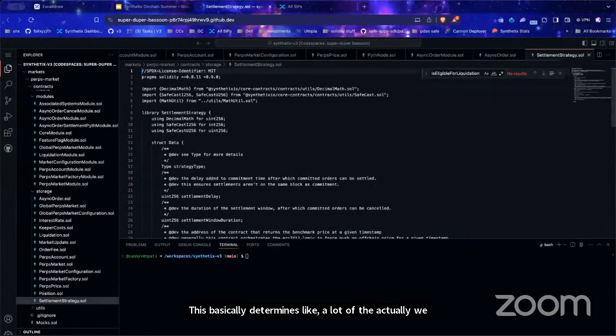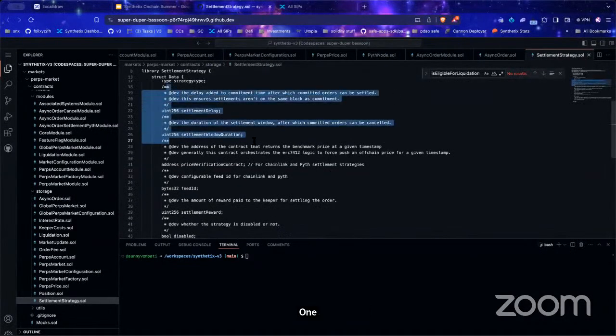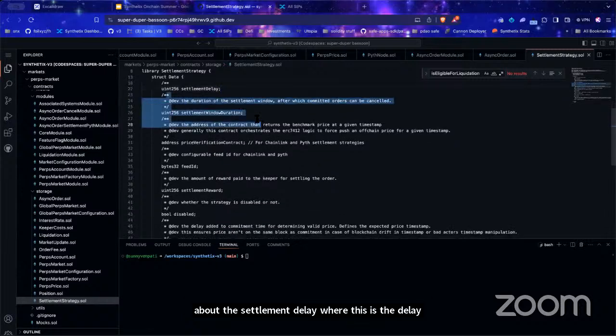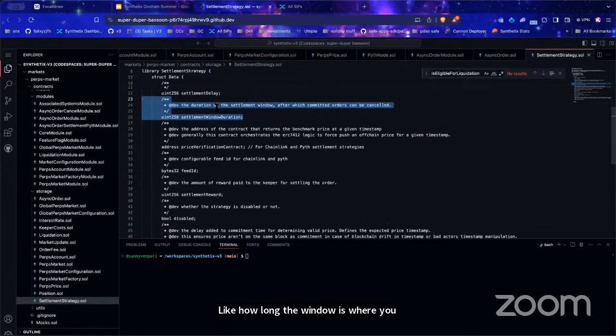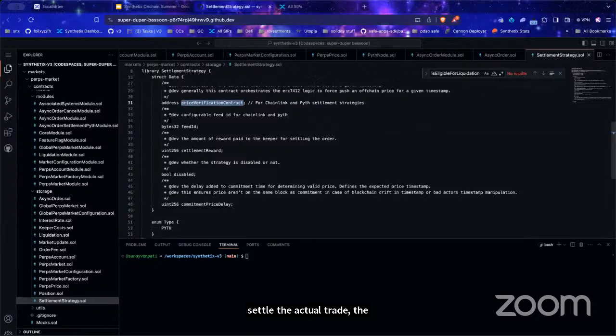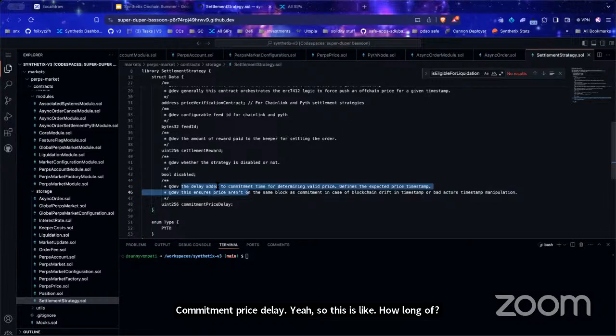Yeah, so I talked about the settlement delay, which is the delay between the commit and settle, like how long the window is where you can settle the actual trade. The verification contract, this is how you get the price, the feed ID for the price, the reward, if it's disabled or not, commitment price delay. I don't even remember this one actually.